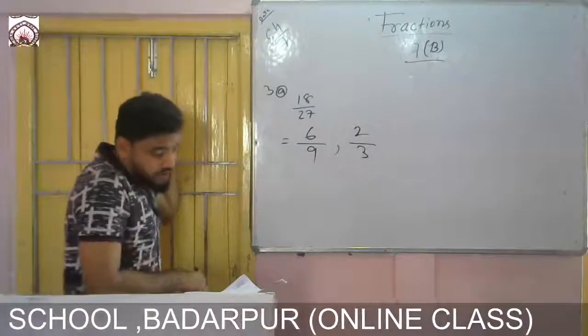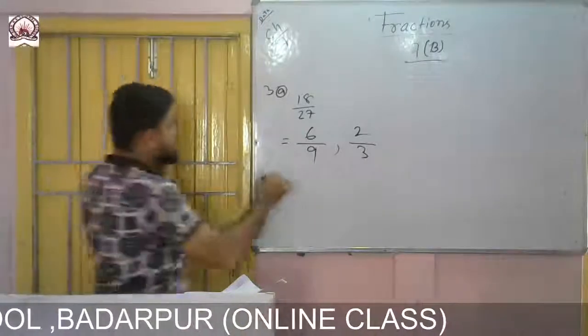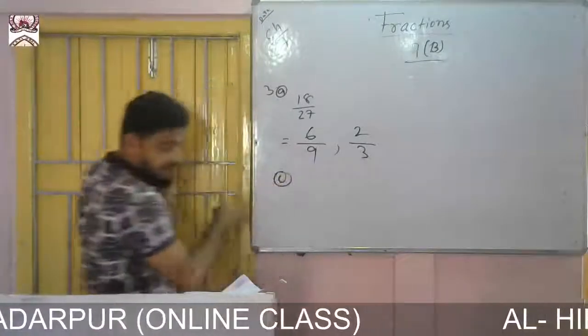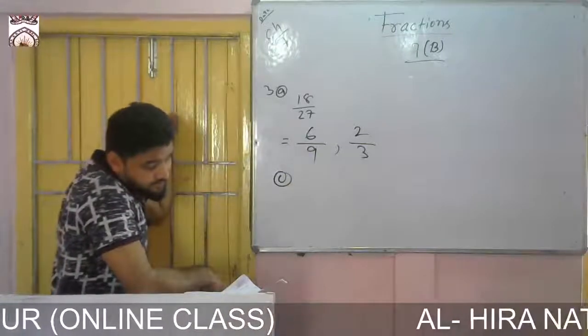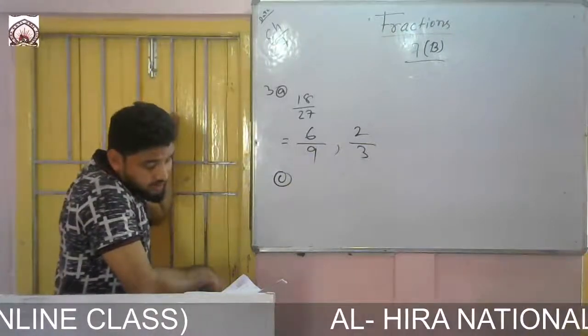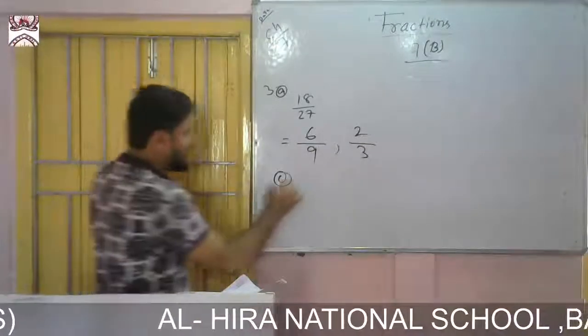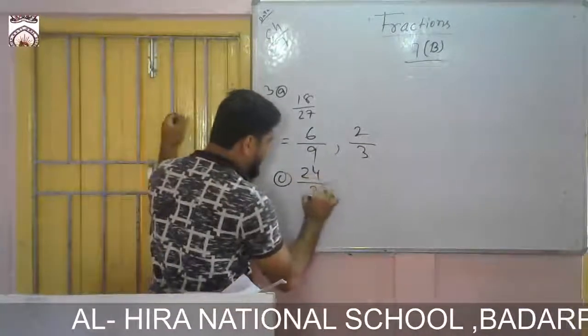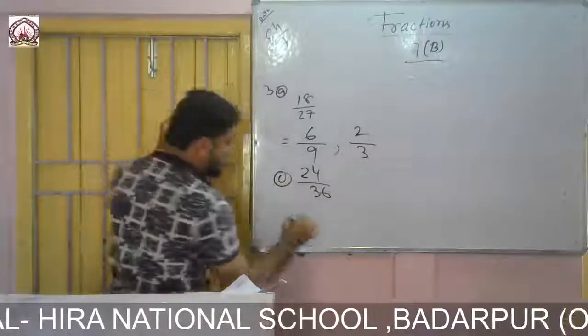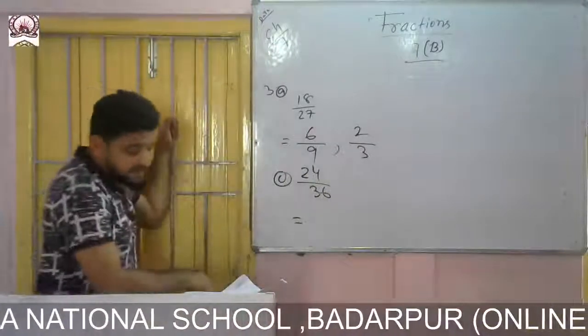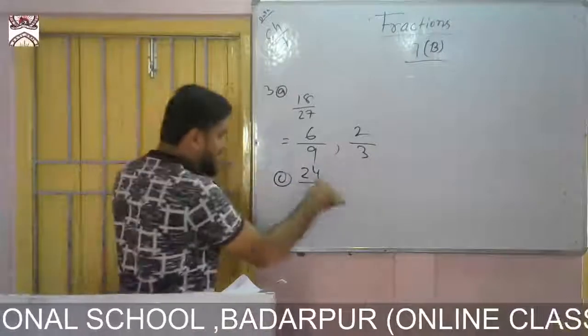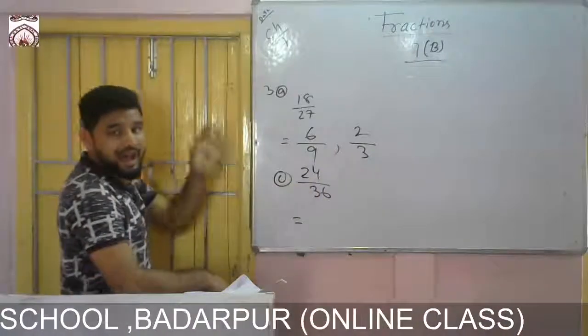So now come to question number C. Okay, what is there? Question number C: 24 by 36. If I cancel with 2, I can cancel both with 2 because I need to divide.